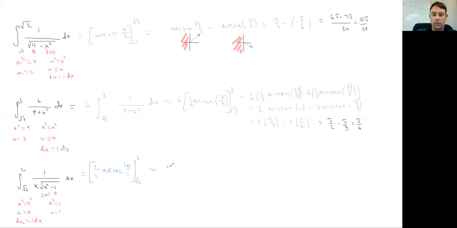So arcsecant of 2, minus arcsecant of root 2. My values are already positive, so I don't have to worry about the absolute value anymore. But notice that absolute value, if either of those were negative, it would have made it positive for me. That should have been 2, not root 2.